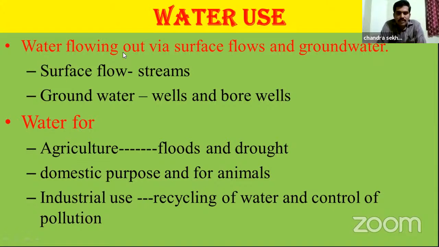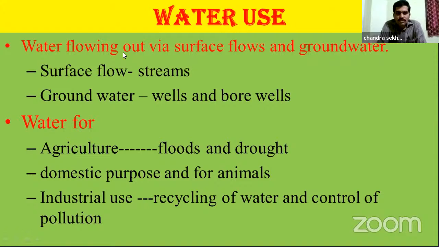Particularly in our village or area, we have two types of water flows. Water is a flowing resource, not a constant resource. The first is surface flow, like small streams, tributaries and rivers. The water flowing on the surface of the earth is called surface flow.